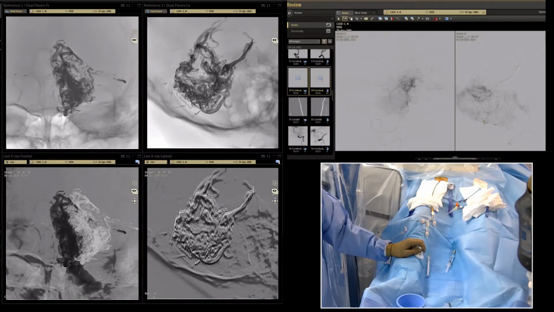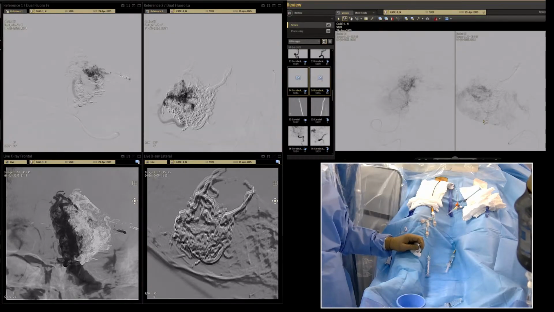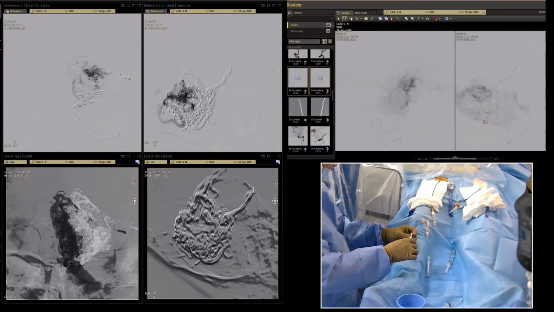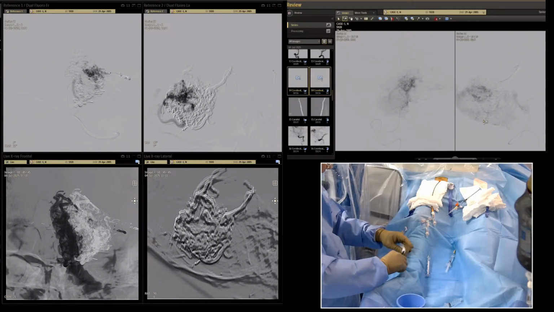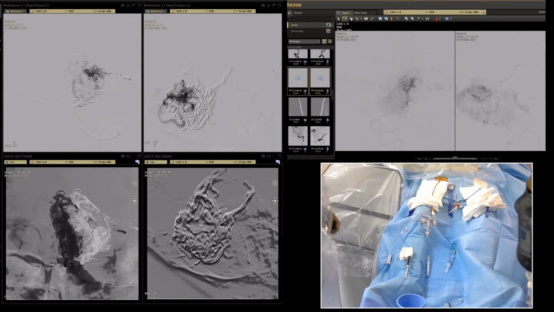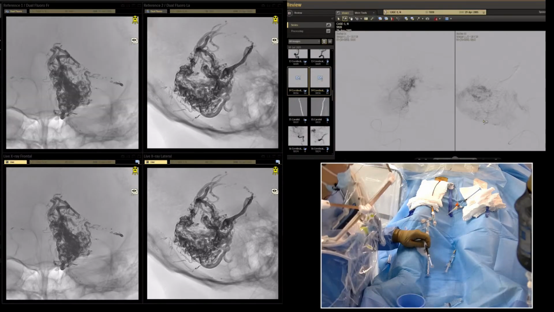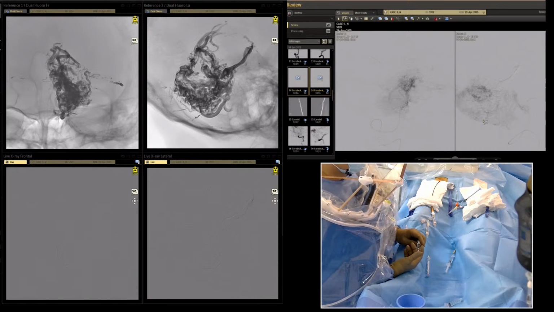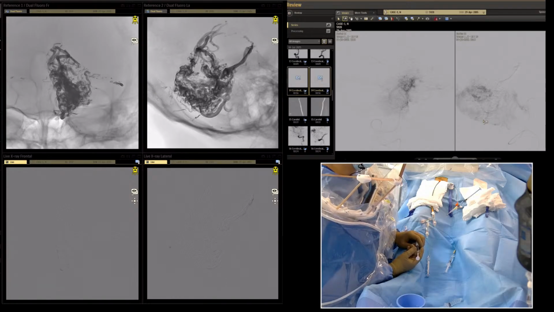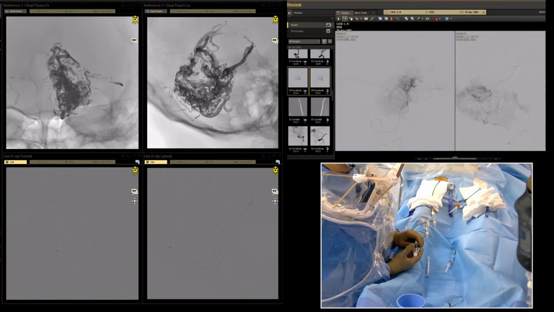It's better, I think. Yes, it looks like it's refluxing, but it's very hard to see how much reflux there is.